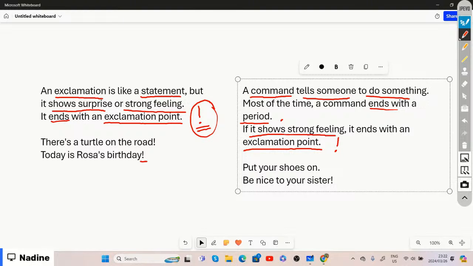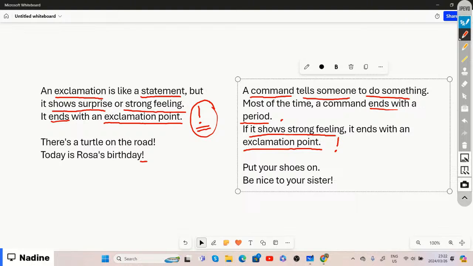But now, if someone is literally commanding you to do something, right? Because now they are showing strong feeling. Let's say, for example, you and your sibling are maybe having a fight, right? So now your parent is telling you, both of you need to stop fighting, right? Or be nice to your sister. It's like they're now really commanding you, because if you're not going to be nice, then both of you are going to get a beating, you know?